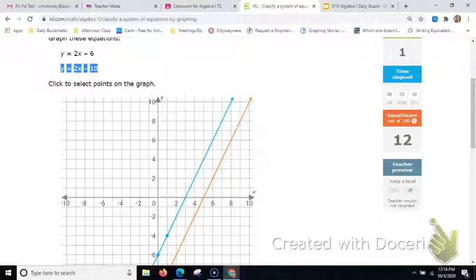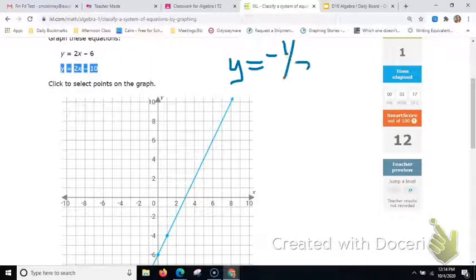So let's look, I'm going to change one of these lines. What if this second line, instead of saying y equals 2x plus 10, what if instead I wanted to graph y is equal to negative 1/2 x plus 10?